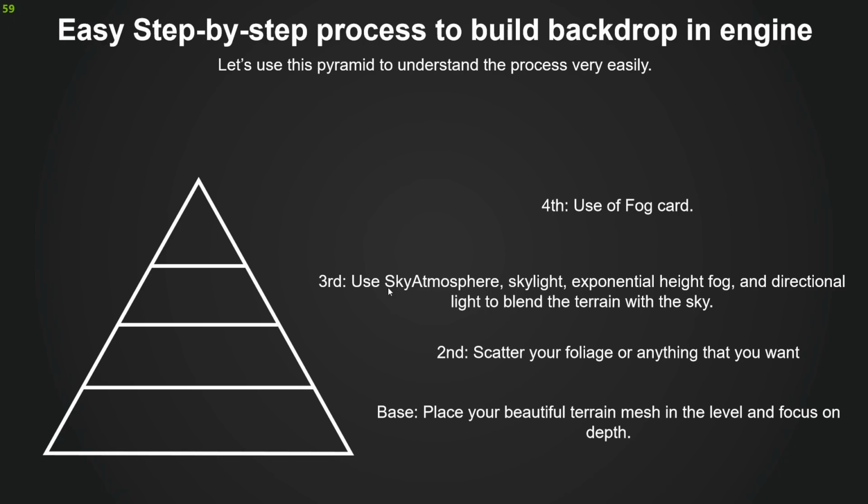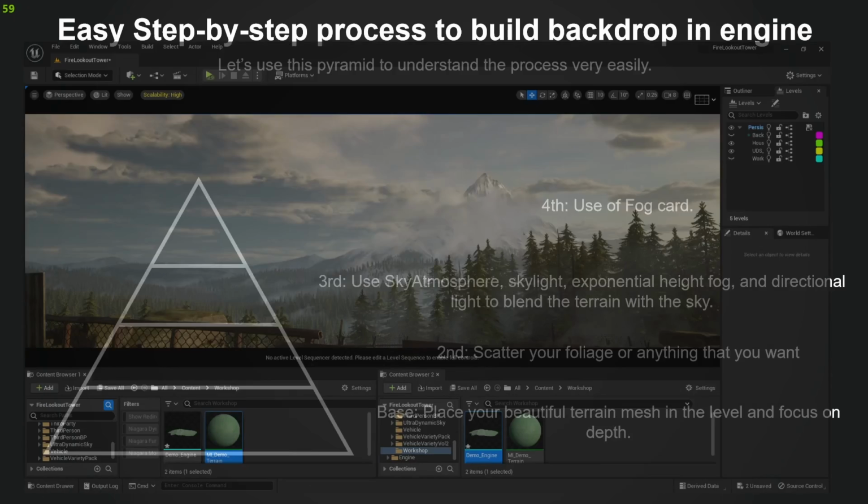Then I use simple highlights, exponential height fog, and directional light to blend the terrain with the sky so that it does not look weird or out of place. And at last, I use the fog color. I do not place the terrain and then do the skylight first. I generally follow this pattern, a simple pyramid, step by step.